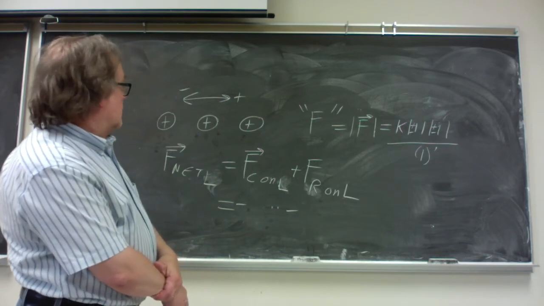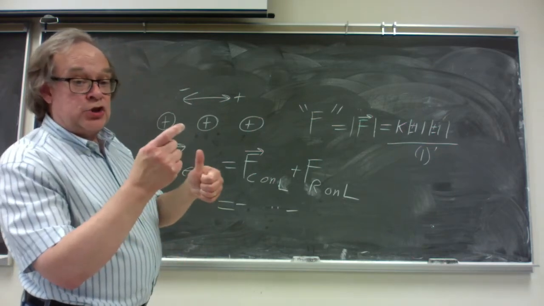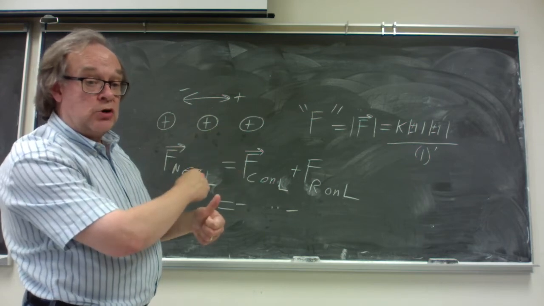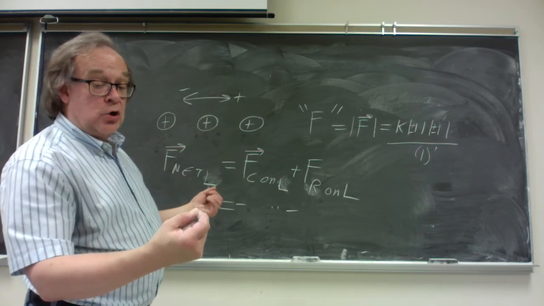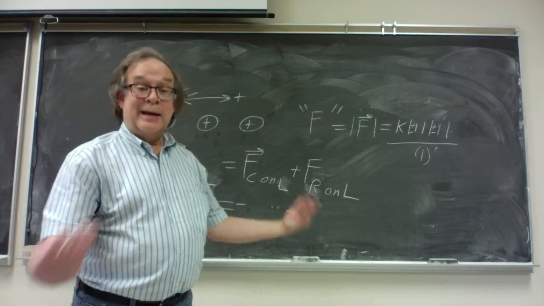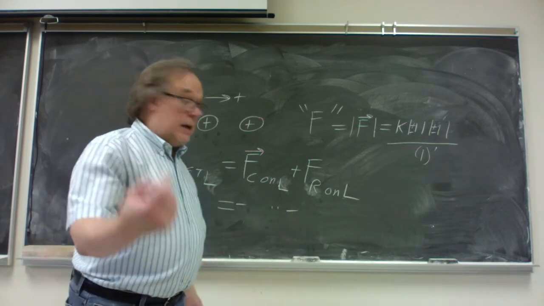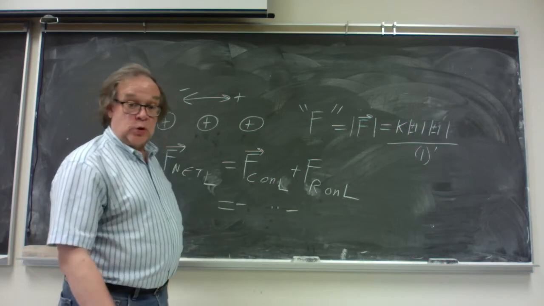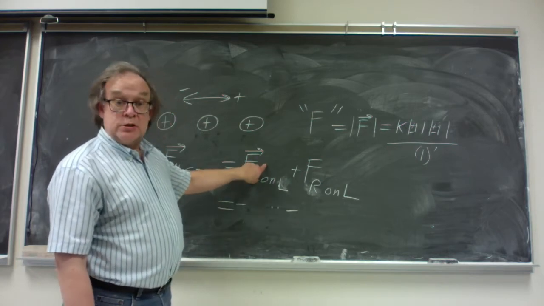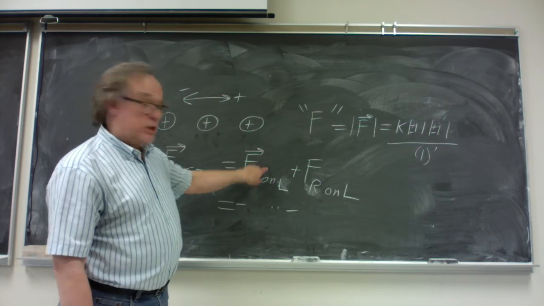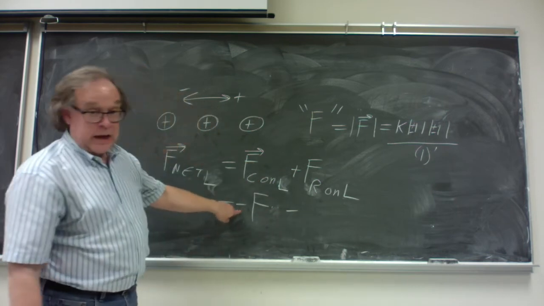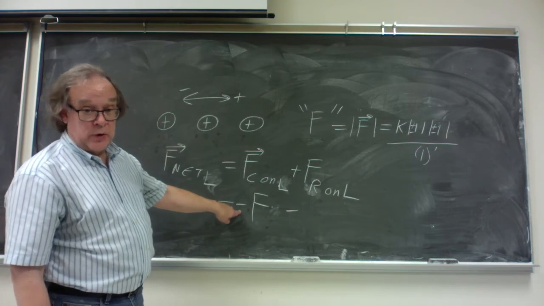So to repeat, the force from 1 unit of charge acting on 1 unit of charge 1 step away we will just call F. And that describes the force from the center charge on the left-hand charge. So it has a magnitude of F, and it's pointing towards the left, the negative direction.